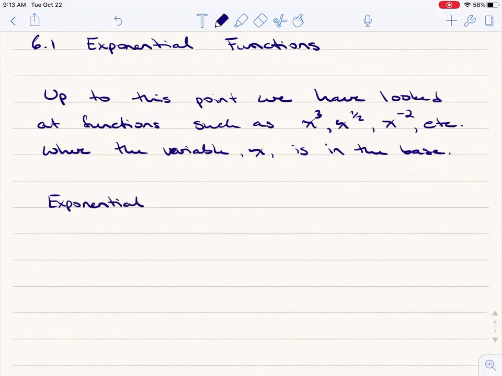Exponential functions are when we have the variable in the power.